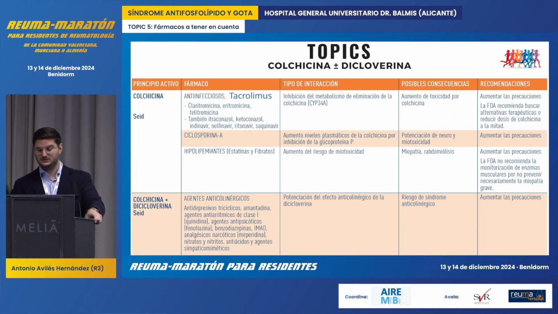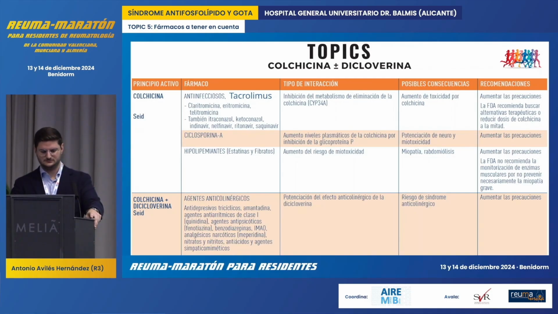This can lead to increased toxicity from colchicine, and they recommend taking extra precautions, but they do not recommend discontinuing the medications. With cyclosporine A, there is also an interaction due to an increase in plasma levels of colchicine caused by inhibition of P-glycoprotein, and again, it is recommended to take extra precautions, but not to discontinue the medications.